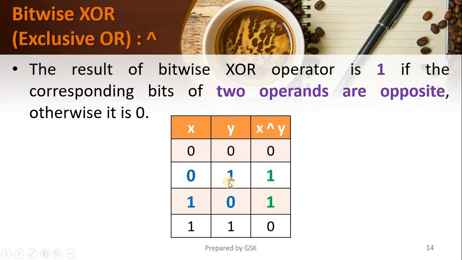In this case, the two values are opposite, 0 and 1, so the result is 1. And this case also has opposite values. One operand value is 1, another operand value is 0, so the final value is 1. In all other remaining cases, like two values are 0 or two operand values are 1, the output is 0.